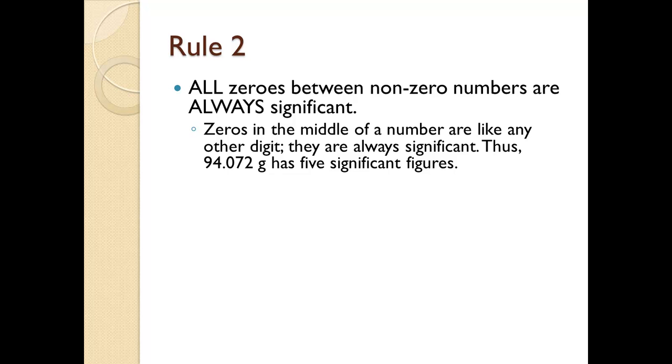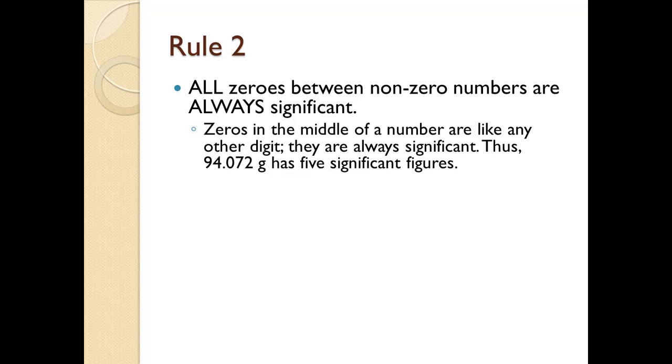In the second rule, it's saying all zeros between non-zero numbers are always significant. So for instance, if I have a zero in the middle of the number, then it is significant and I need to include it. So at this number, 94.072, I have a zero between non-zero numbers.